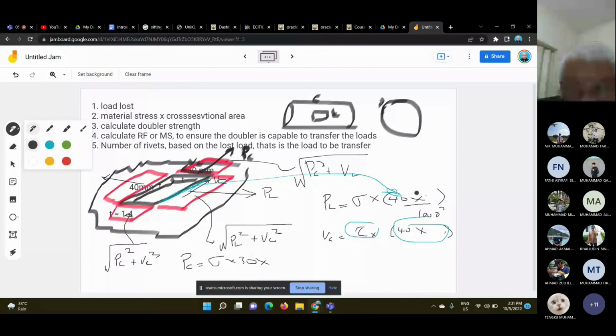So here it is 30 times thickness 1.4. So for V longitudinal, the shear stress times similarly 30, because it's 30 here, times 1.4, and that is the area.